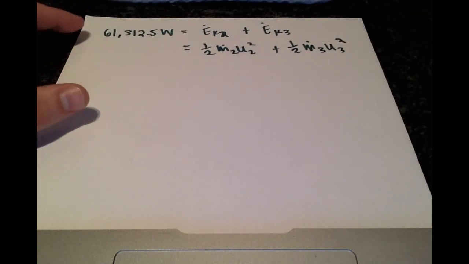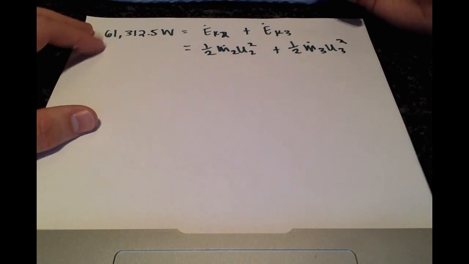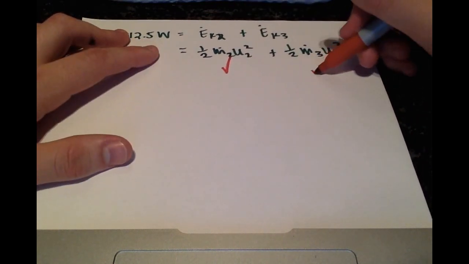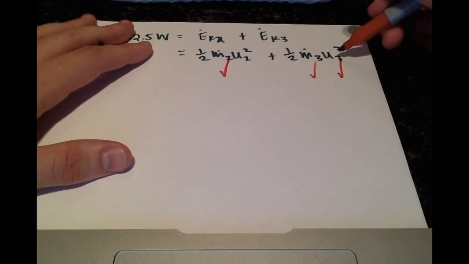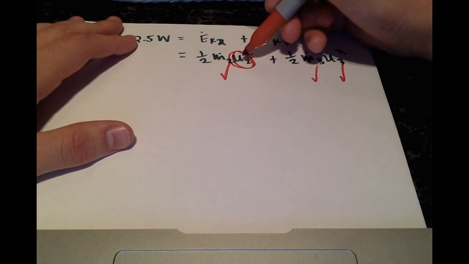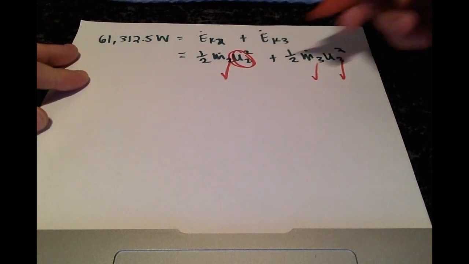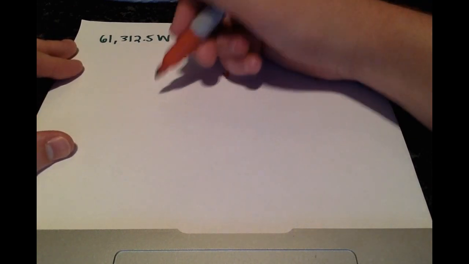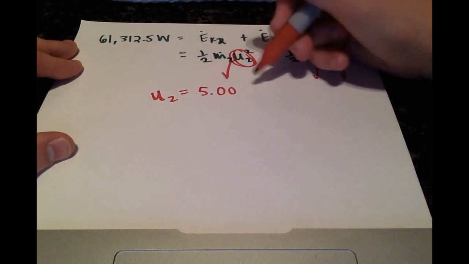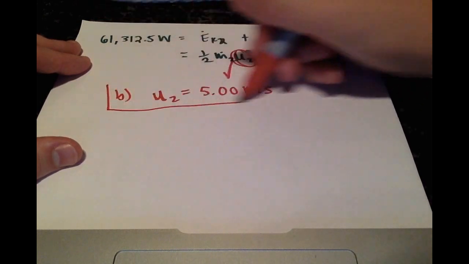Okay, and I think we have all the values we need to solve. We have our second mass flow rate, our third mass flow rate, and the third linear velocity. So the only unknown is the second linear velocity here. So if you plug in the appropriate values and solve for U2, you'll get 5 meters per second. And this is part B.